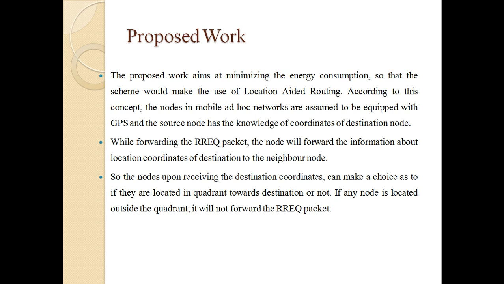So while forwarding the route request packet, the node will forward the location coordinates of the destination to the neighboring nodes, and the neighboring nodes, on receiving the coordinates, will decide whether they are located in the quadrant towards the destination or not. If a node is not located in the quadrant towards the destination, it will not forward the route request packet. Through this process, all the nodes are not being used for the broadcasting step in the AODV protocol.